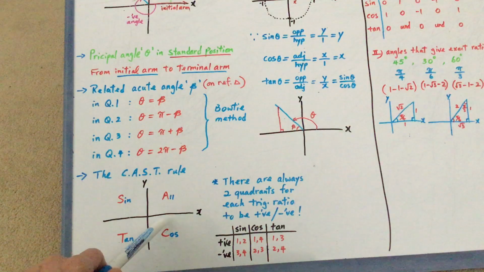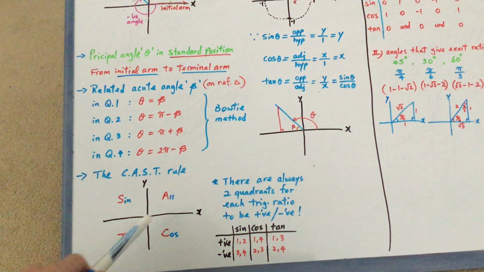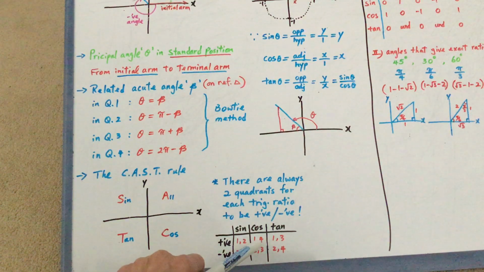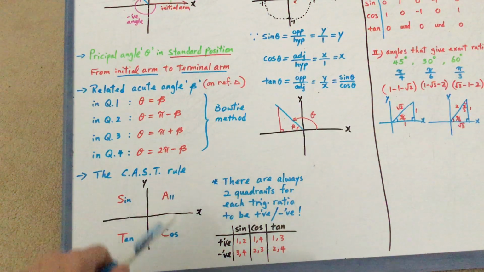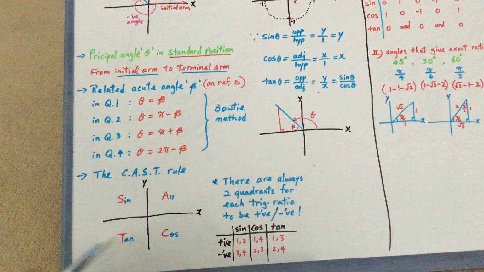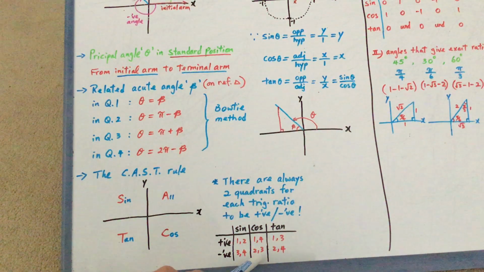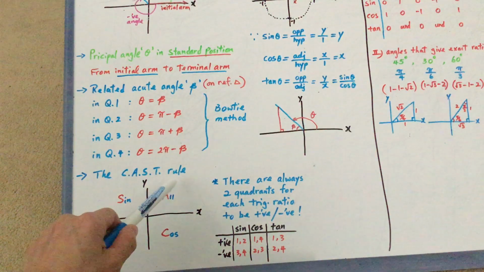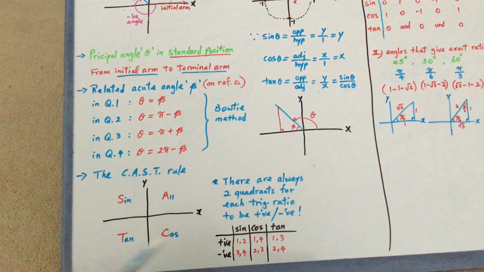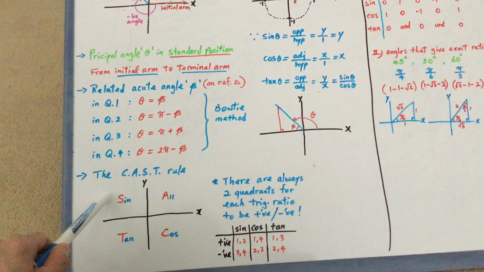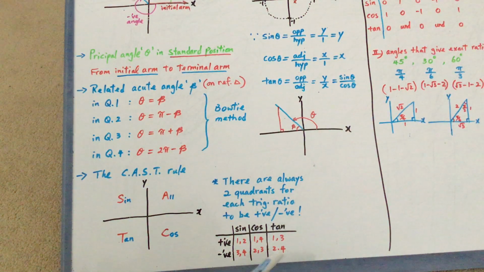Cosine will be positive only in quadrants 1 and 4, and cosine will be negative in quadrants 2 and 3. So this is my mini chart here. And the tangent will be positive in quadrants 1 and 3, but the tangent ratio will be negative in quadrants 2 and 4. Okay?